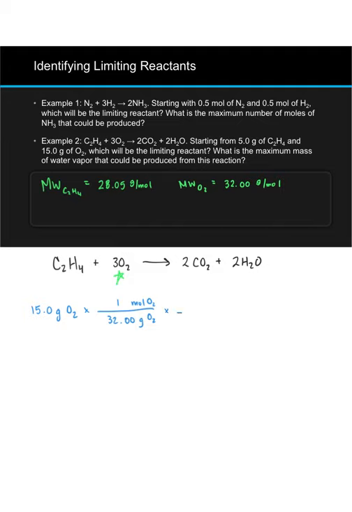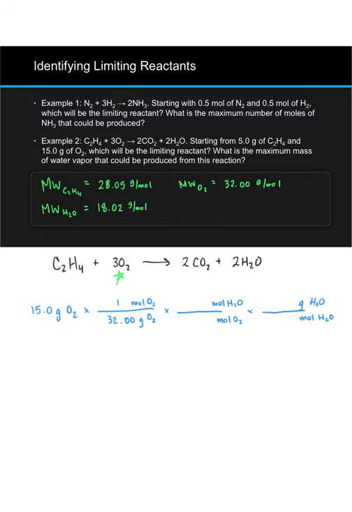The next thing I need to do is convert moles of O2 into moles of the thing that I'm interested in, water. And finally, moles of water into mass of water. Because we'll need a molar mass or molecular weight for H2O, let's determine that up above. That molar mass comes from 2 hydrogens and 1 oxygen, 18.02 grams per mole.